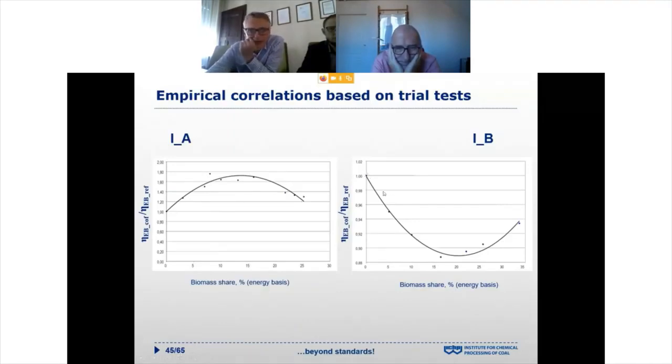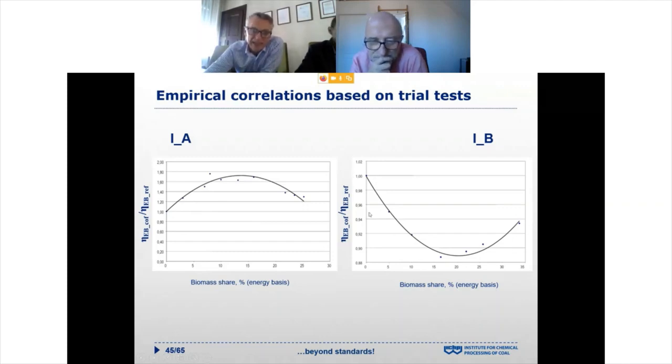And the comparison with the lignite is different. You can easily imagine why it's different here. In this situation, when you add the biomass to the coal, you add the worse fuel to the better fuel. The hard coal, or the steam coal, is a better fuel than the biomass.